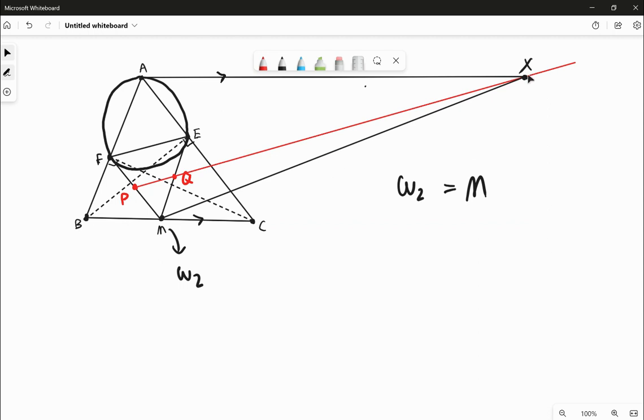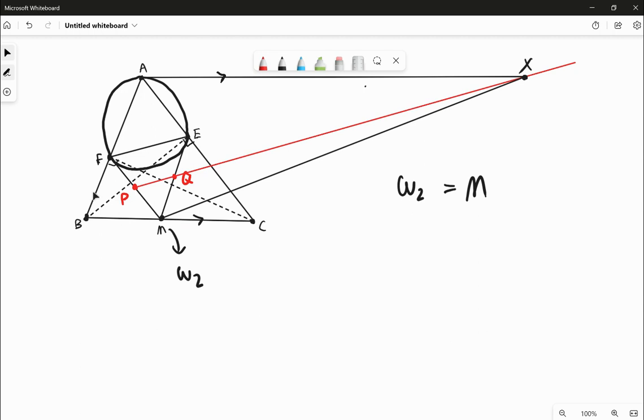And we want to prove that X lies on the radical axis of these two circles, omega 2 and this circumcircle, as that would imply that AX squared, which is the power with respect to this circle since XA is a tangent, is equal to XM squared, since that is a power with respect to omega 2 because M is just a dot.